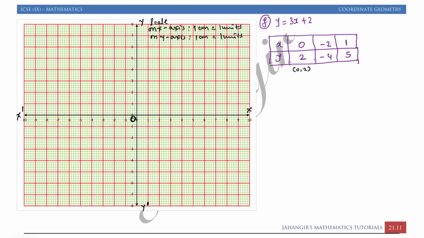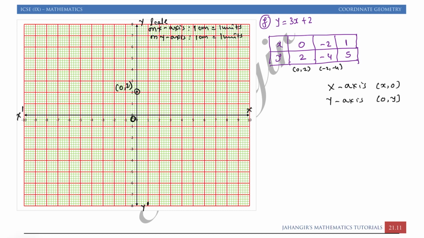Any coordinate whose x coordinate is 0 lies on the y axis. We had already discussed that any point on the x axis has its y coordinate as 0, that is, it will be in the form of x comma 0, and any point which lies on the y axis has its x coordinate as 0. So here we have 0 comma 2. We will just mark it on the y axis. It's 0 comma 2. Next point is minus 2 comma minus 4.